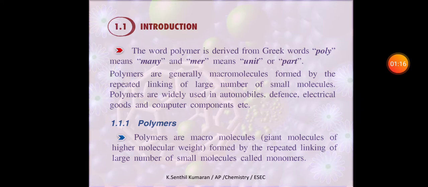Okay, the word polymer is derived from the Greek words poly and mer. Poly means many, and mer means unit or a part. So polymer means many units joined together to form a macromolecule. Polymers are generally macromolecules formed by the repeated linking of large numbers of small molecules, that means monomers.